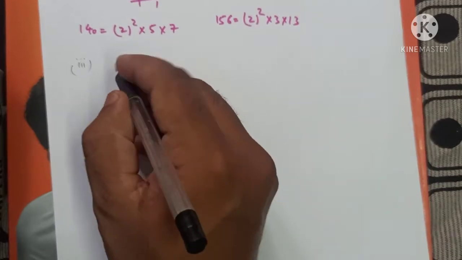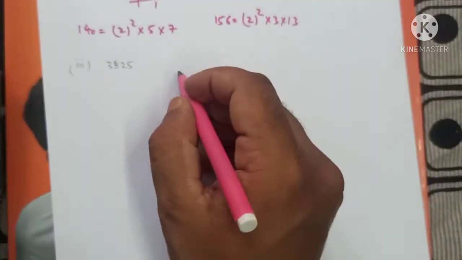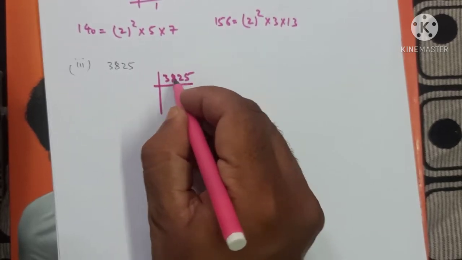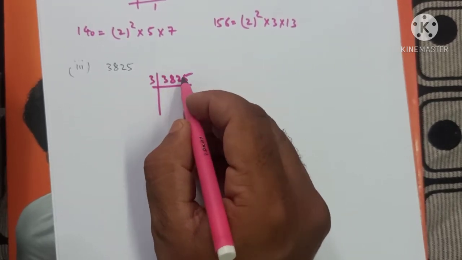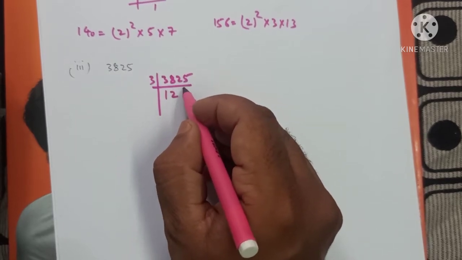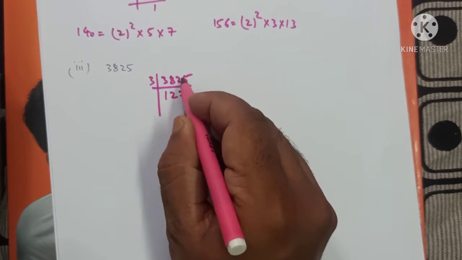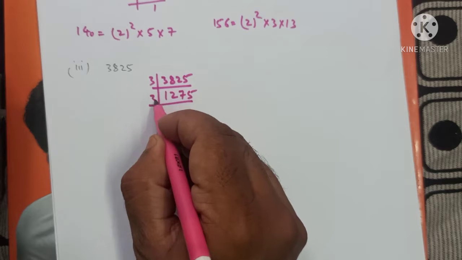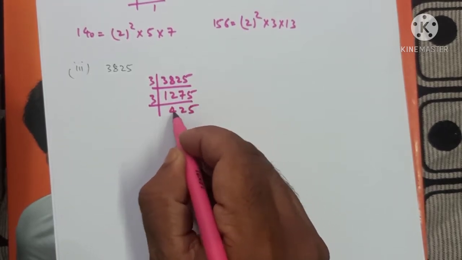Similarly, the third part is 3825. We'll start with 2. It cannot go with 2. 3 1s are 3, 3 2s are 6, remainder is 2. 3 7s are 21, remainder is 1, 3 5s are 15. Now again 3 4s are 12, 3 2s are 6, remainder 1, 3 5s are 15.